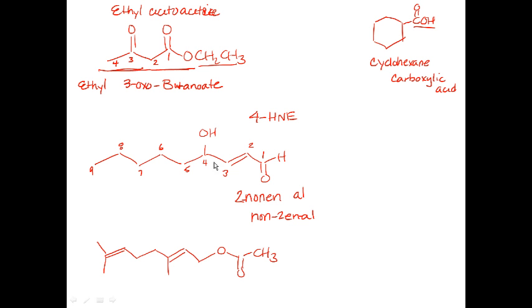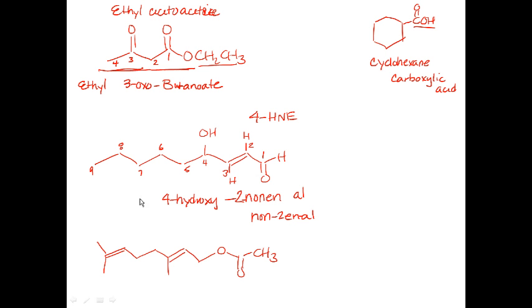And then there would be a hydroxy group here, so this would go 4-hydroxy 2-non-enal. We've almost got the name, except that this double bond has an E stereochemistry. I suppose you could say trans.